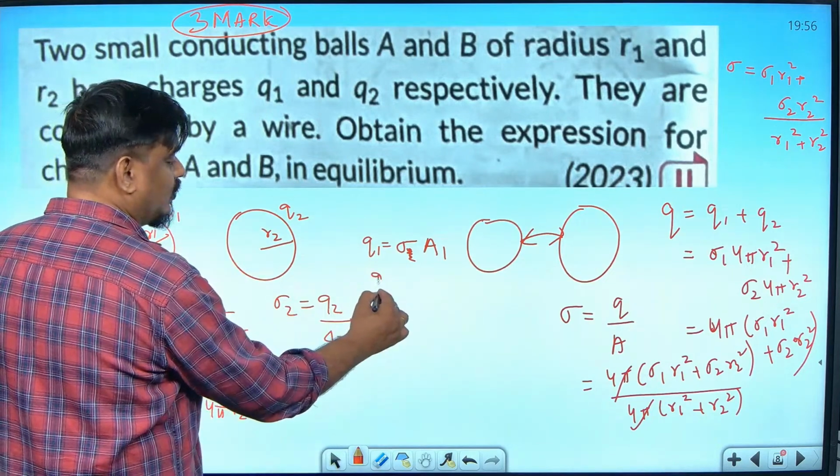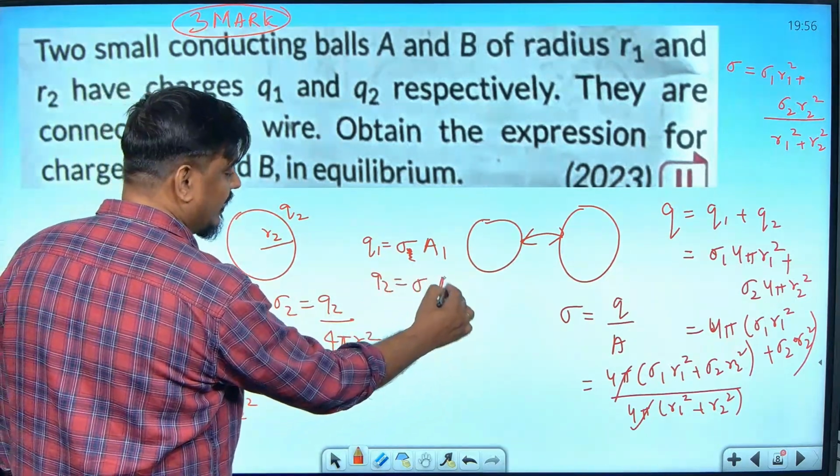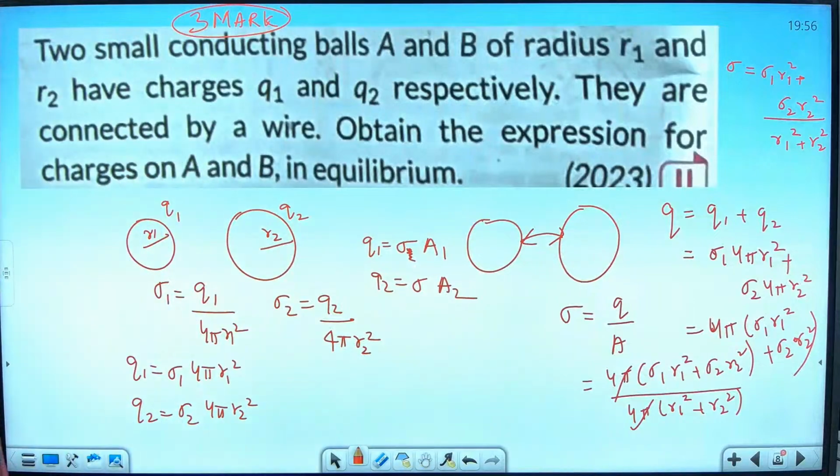And Q2 will become equal to sigma into A2. That's how you should solve. It's a challenging question. A little bit. Again 3 marks, you have to work. Still not understanding? Then you have to practice after the class.